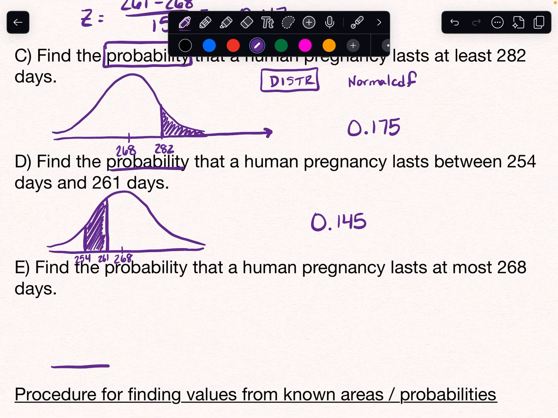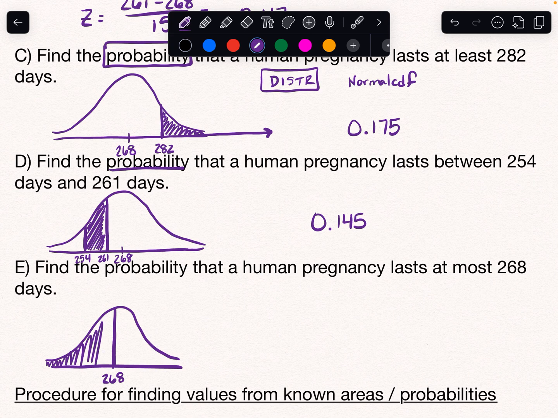And then last but not least, still got a probability, so still have a density curve. 268 is my mean, and that's my data value. So I'm going to draw a vertical line through 268. So find the probability that a human pregnancy lasts at most 268 days. So that means I want 268 days or fewer.